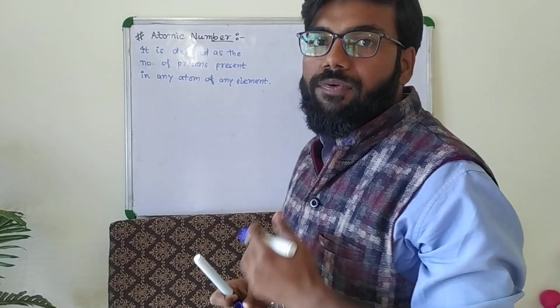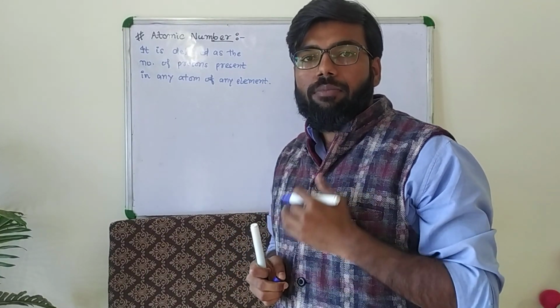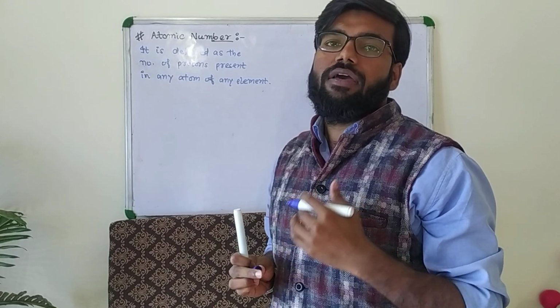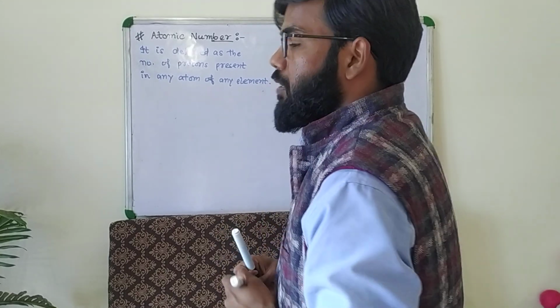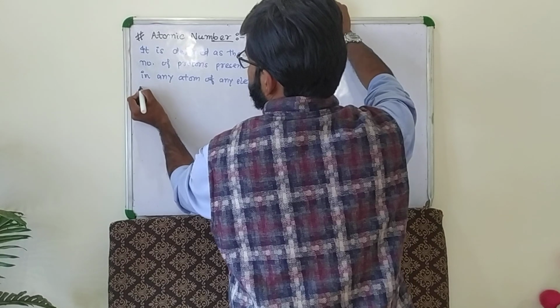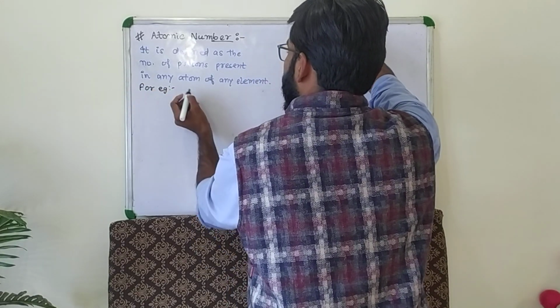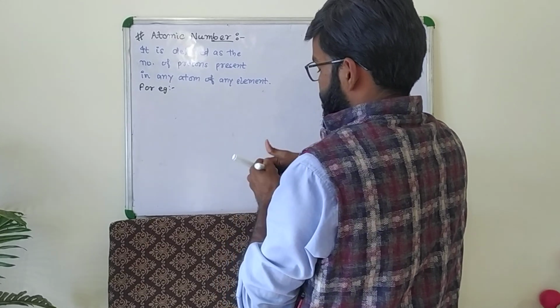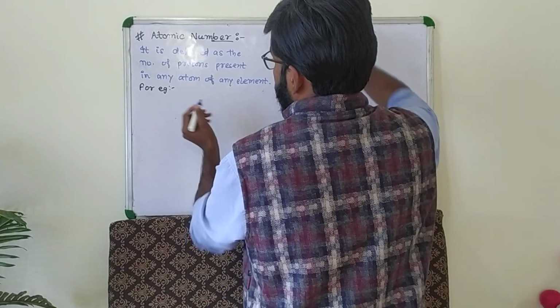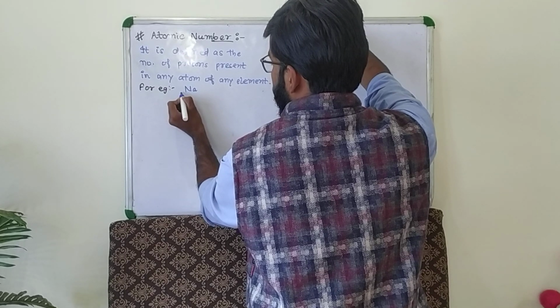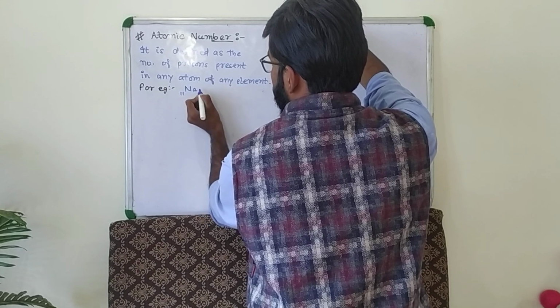For example, if we are saying the atomic number of sodium is 11, it means it has 11 protons. So, sodium has atomic number 11.